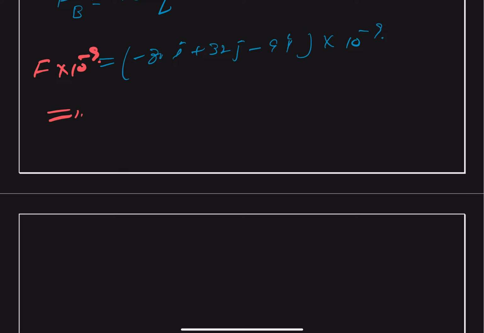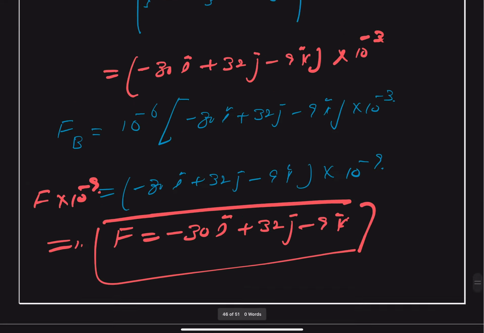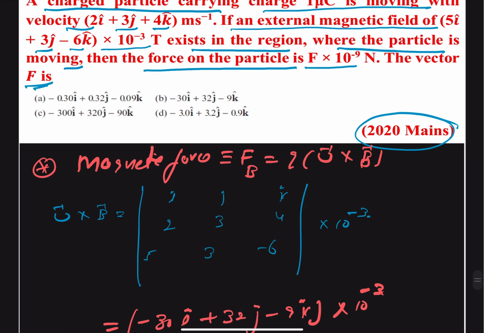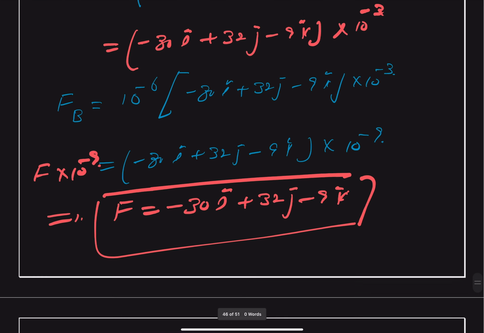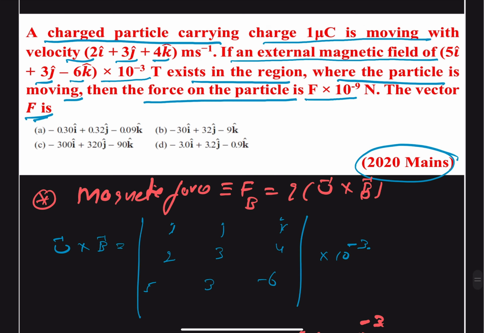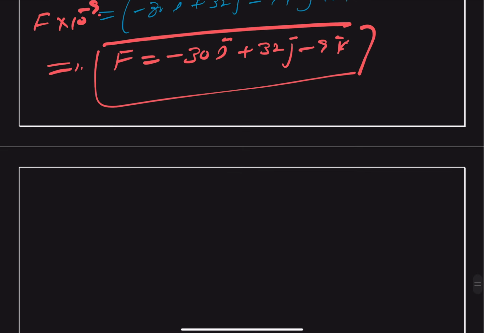So the value of F is equal to minus 30i plus 32j minus 9k. So option number B is the correct option. Option B is correct.